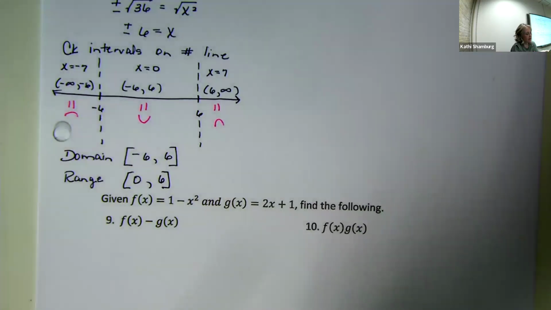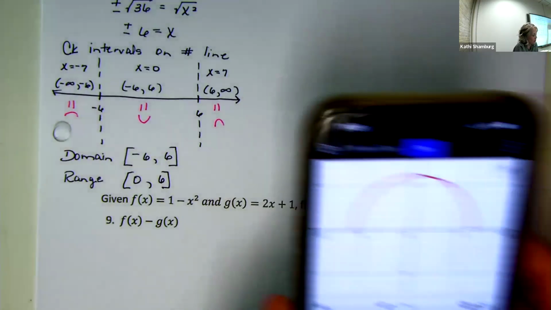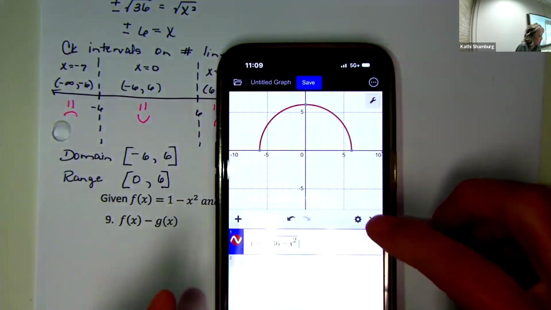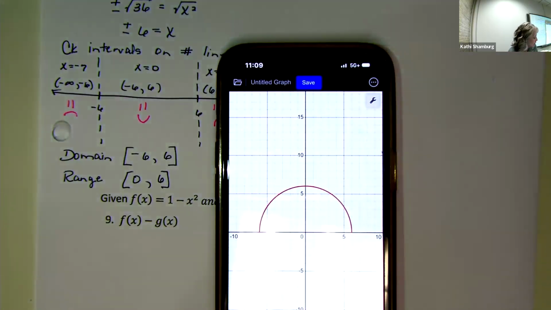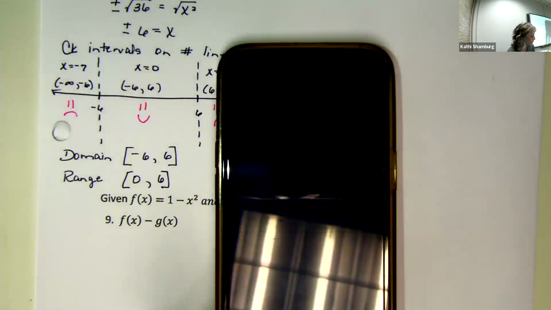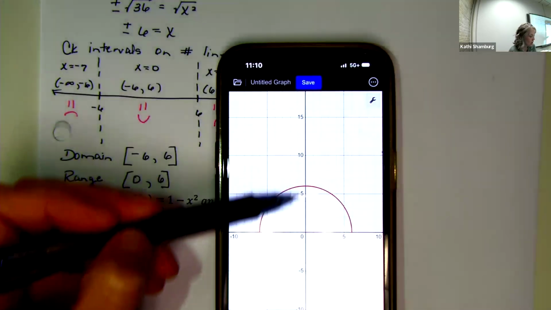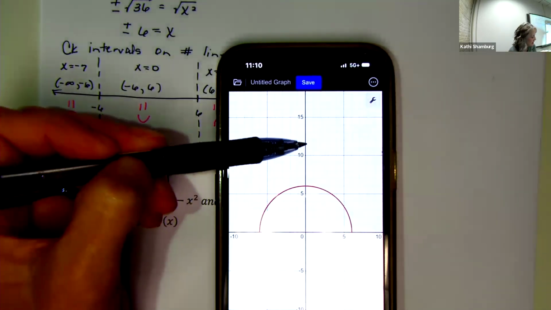Now, I've already plugged this in. This is what this graph would look like if you were to graph this. So you can see here is your x-axis. It only goes to 6 and -6. So it's only within here that I can get up to my graph. So that's why we don't have anything in this interval or anything in this interval. Here is your y-axis.